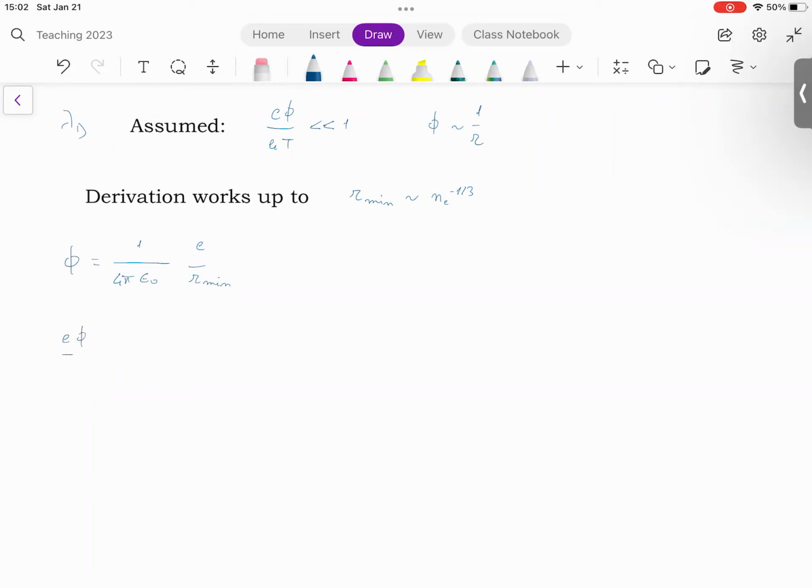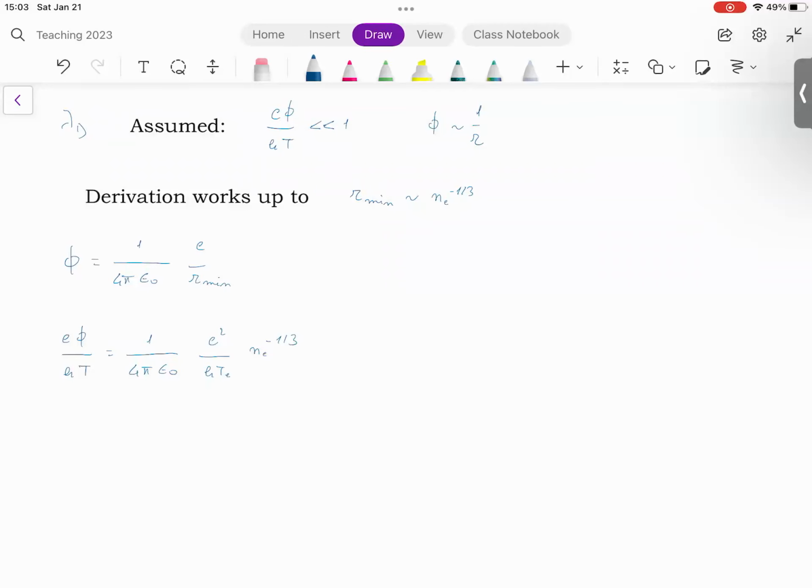Well, we have the expression e phi over kT. That's going to be phi is 1/4 pi epsilon 0, e times e gives me e squared over R minimum. I'll put the kT sub e here, and then for R minimum, I'm going to substitute n sub e to the minus 1/3.